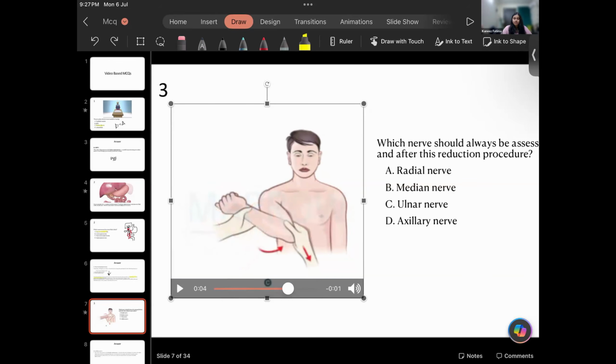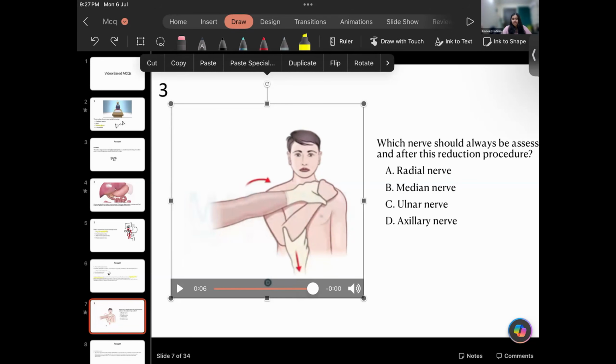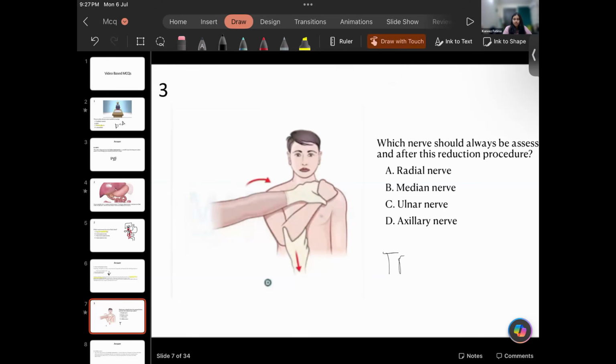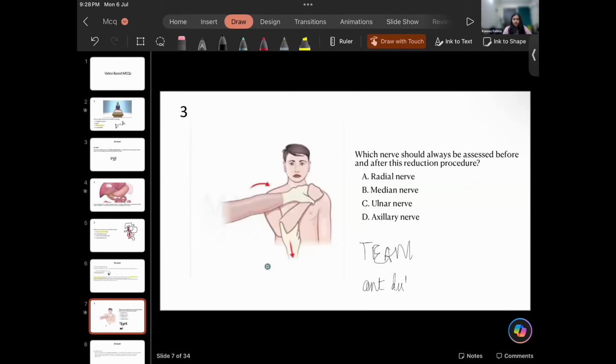Then it is moved towards the midline of the body, that is adduction, and then the arm is moved towards the side of the body, that is medial rotation. We have the mnemonic TEAM for Kocher's maneuver. And this is a closed reduction maneuver for anterior dislocation of the shoulder.